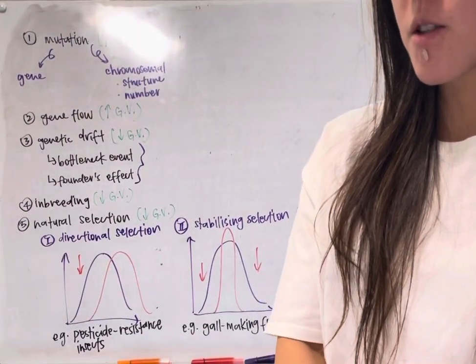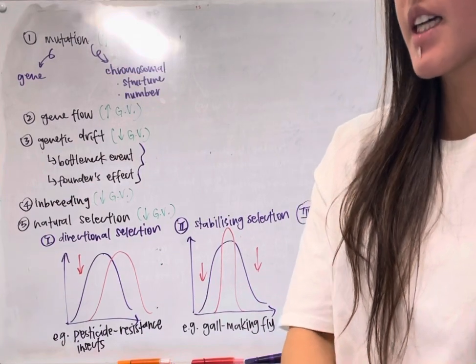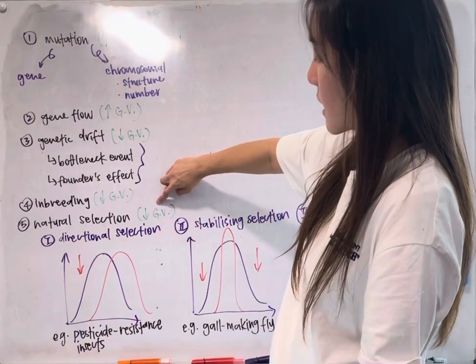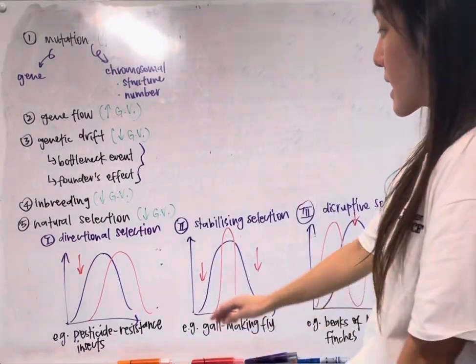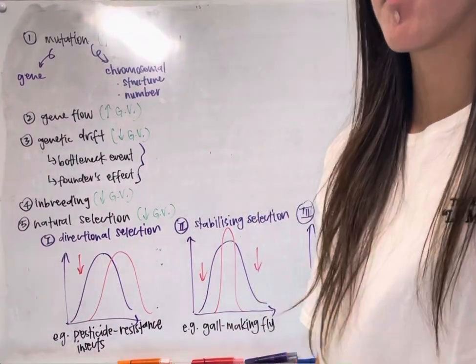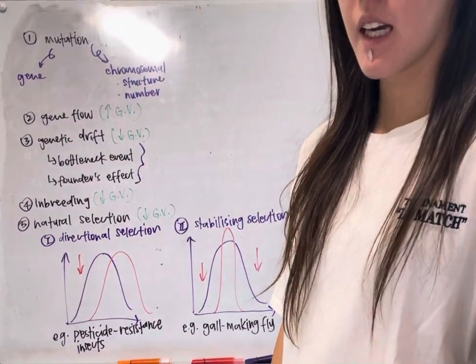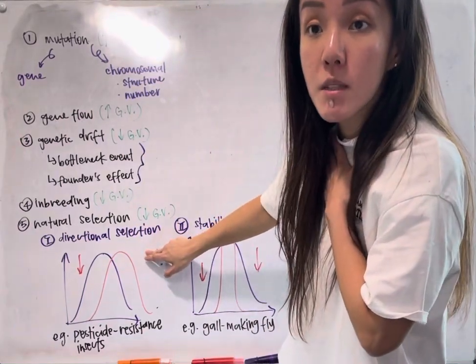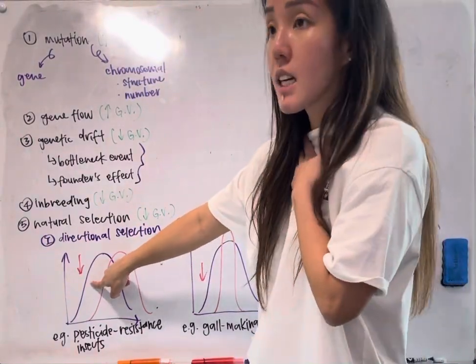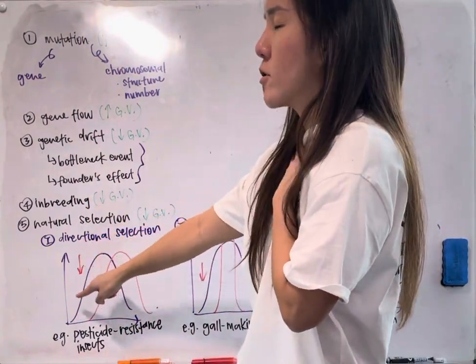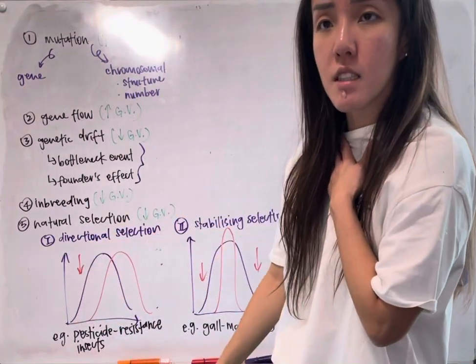But let's ask this question first. First of all, this natural selection, you notice how I always say it decreases GV, right? But let's understand how each of them will definitely decrease GV. For directional selection, do you see how this decreases GV? You are selecting against those insects that are not pesticide resistant, right?